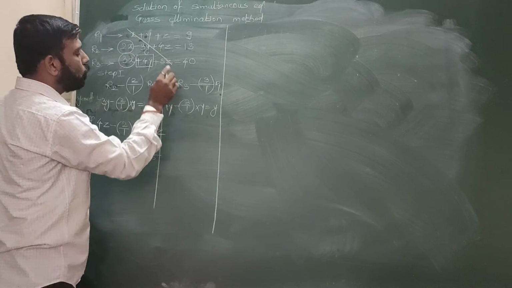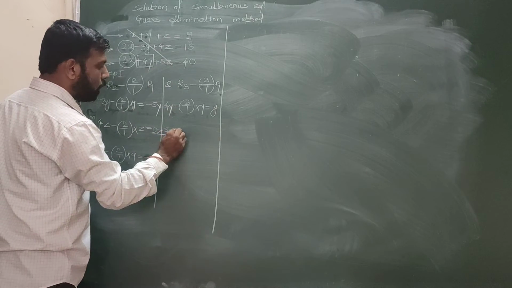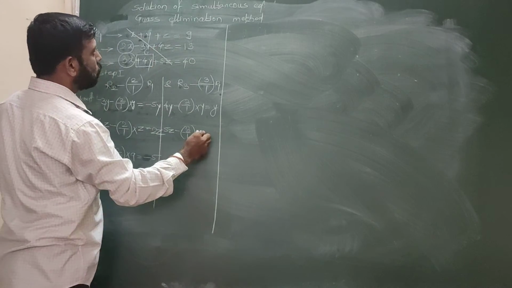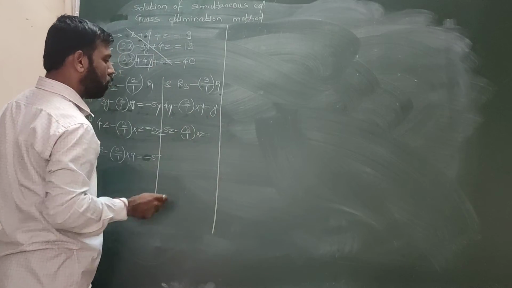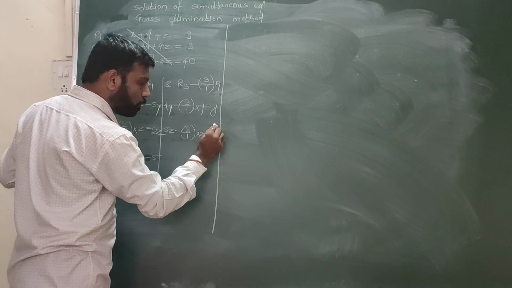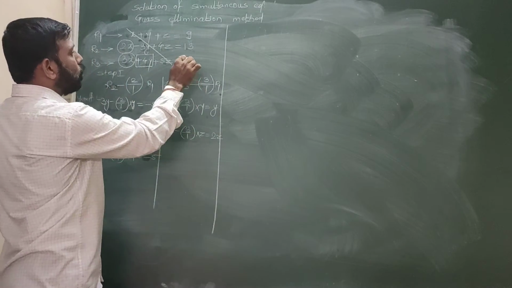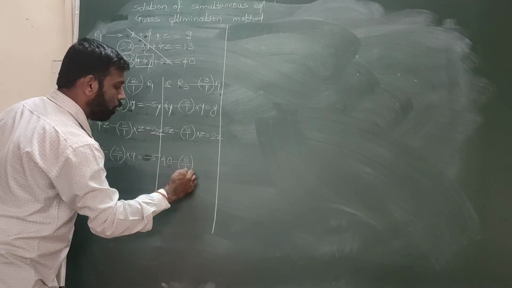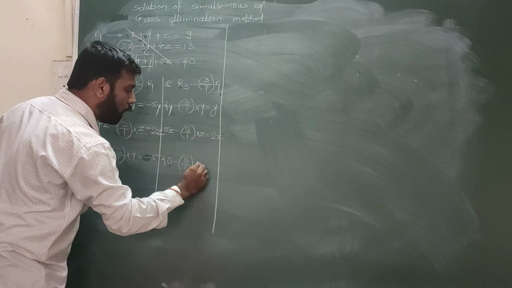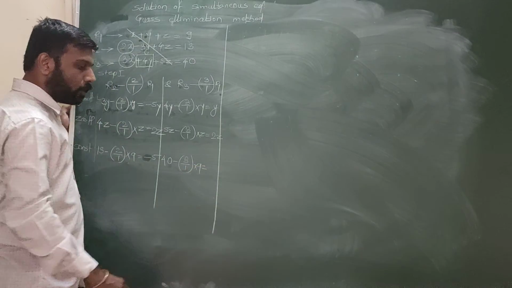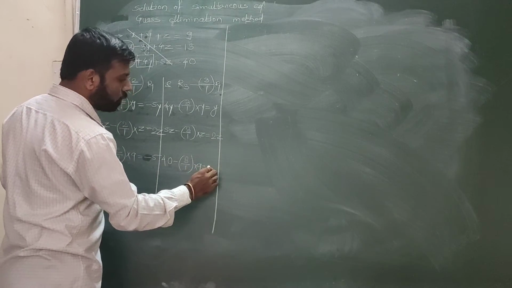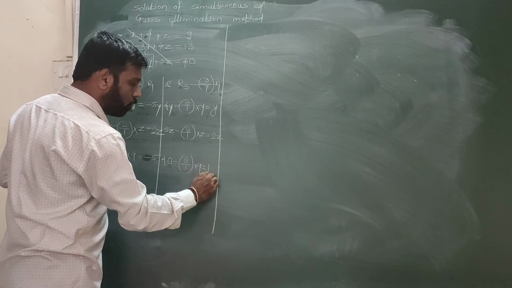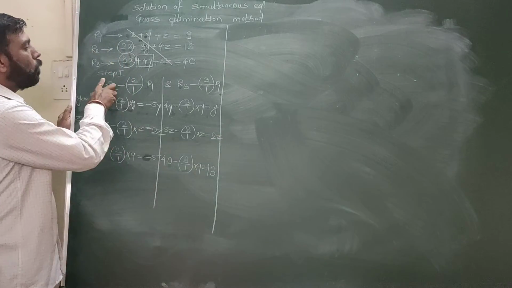Next, its z coefficient: 5z minus the same multiplying factor times its z coefficient, which equals 2z. Now its constant: 40 minus 3 by 1 times the R1 constant 9, that is 40 minus 27, which becomes 13. So we completed step 1.